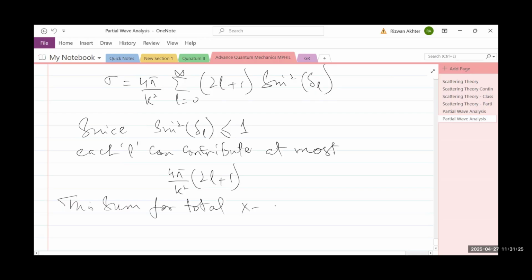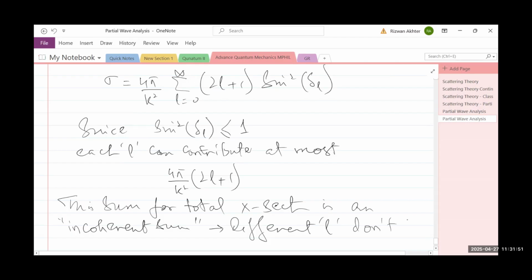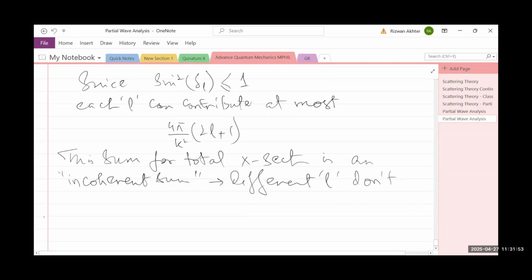Because this implies different angular momenta don't interfere.